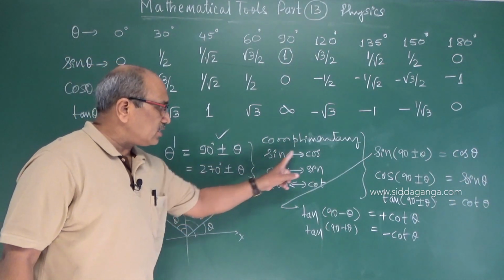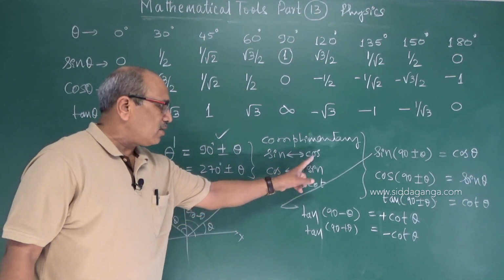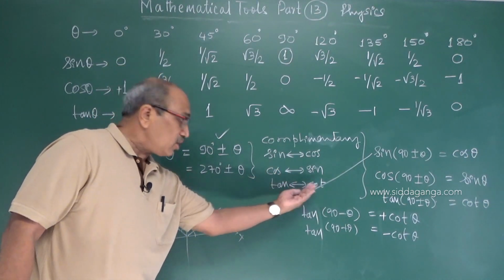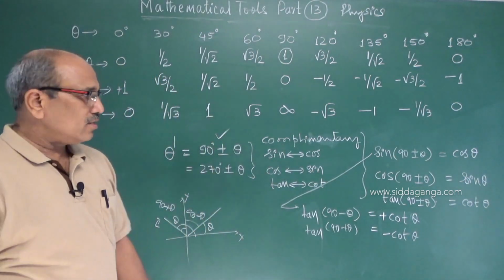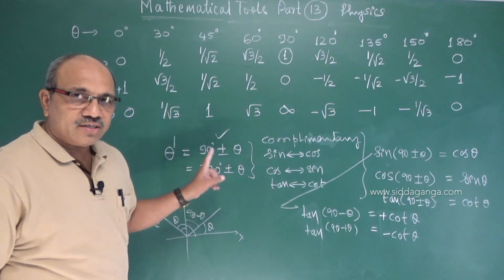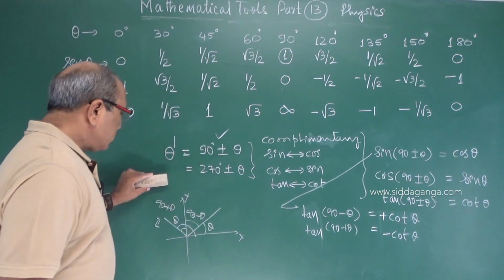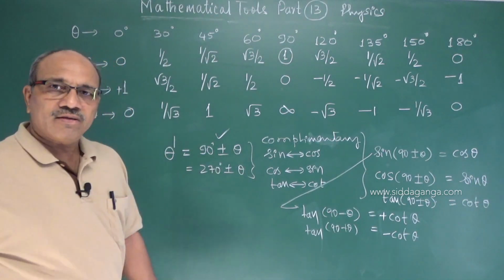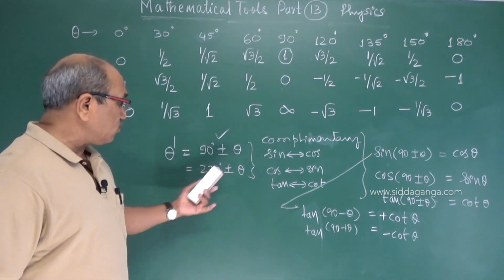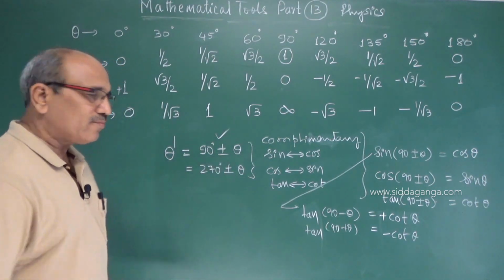Complementary functions: sin becomes cos, cos becomes sin. Similarly, tan becomes cot, or cot becomes tan. So it is the second important trick I have given you. The third, similarly, I can show for 180 and 270 plus or minus theta also.